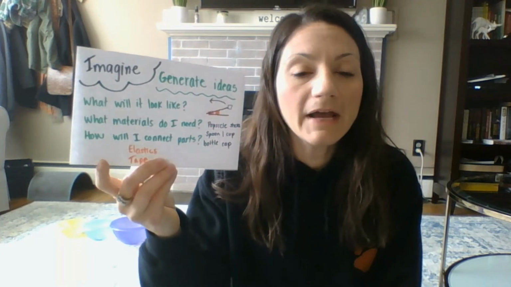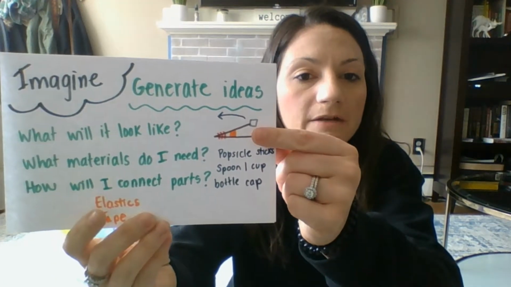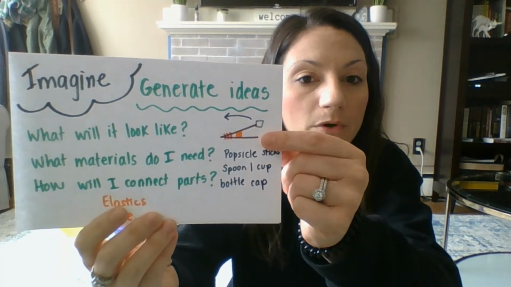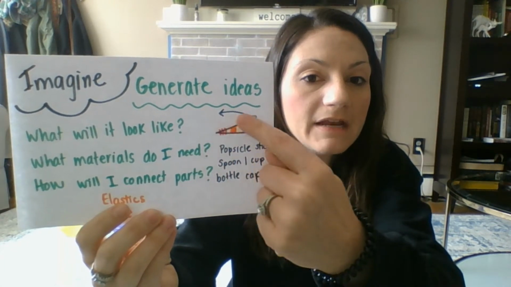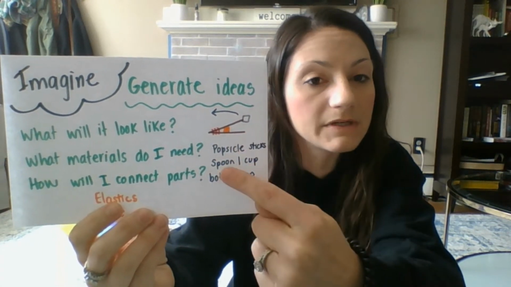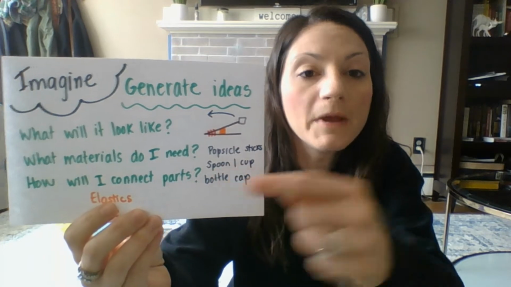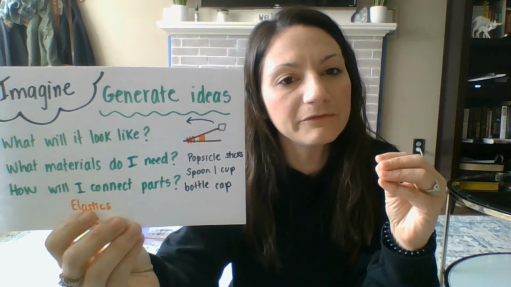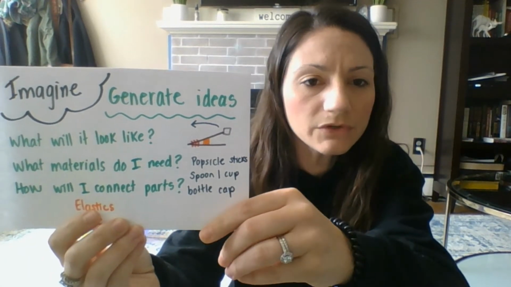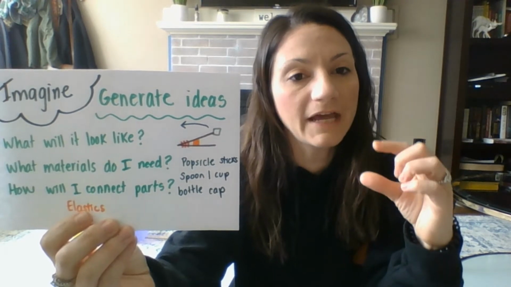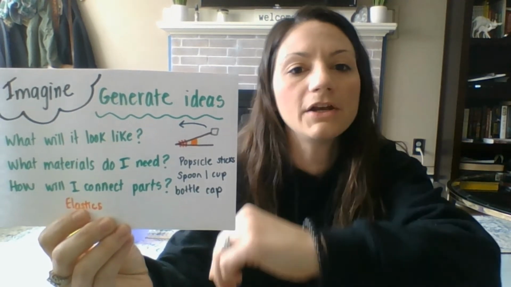So for my catapult, I think I'm just going to try and make a pretty simple catapult that is going to be made of popsicle sticks, because I have popsicle sticks at home, and I know popsicle sticks are a little bit flexible. So I'll be able to get the tension force that I need to fling an object.